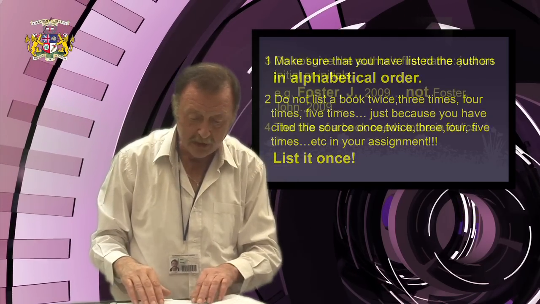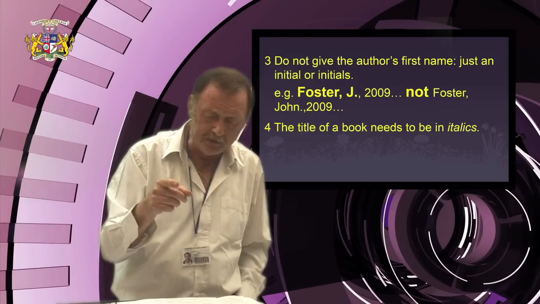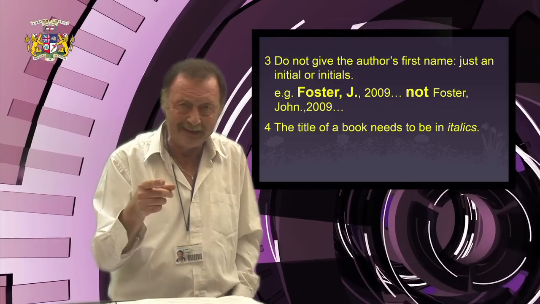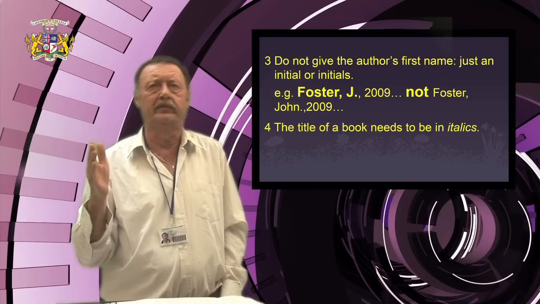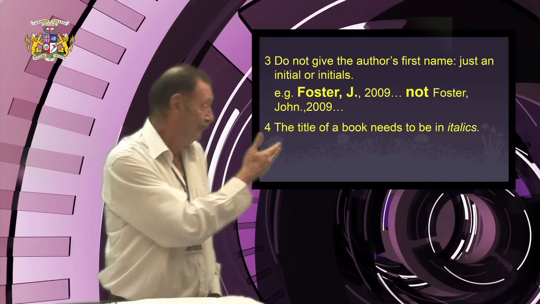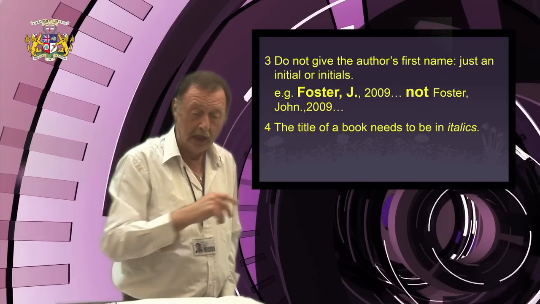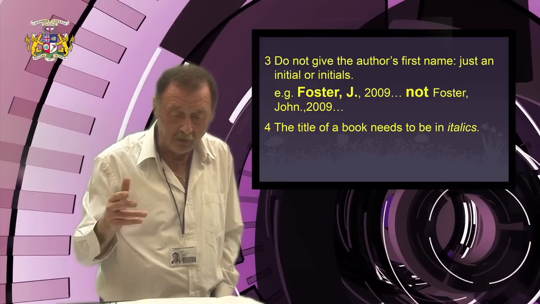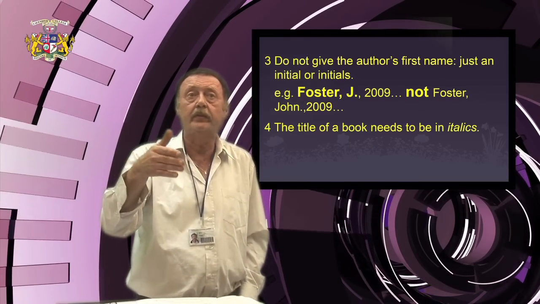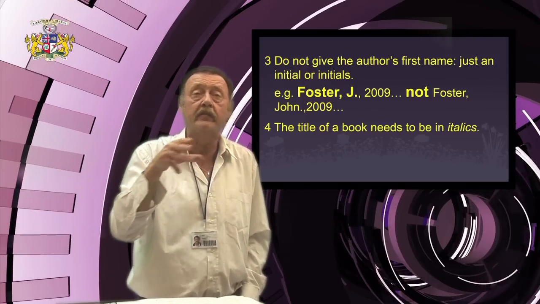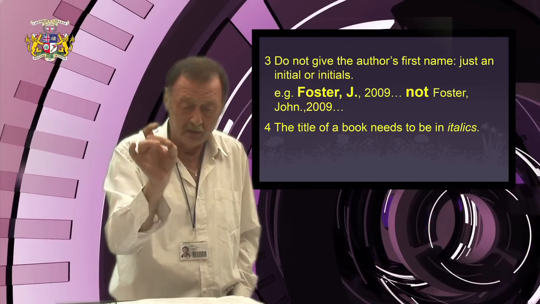Number three. Do not give the author's first name. Just give an initial or initials. Example, Foster J, 2009, not Foster John, 2009. It seems that we should, but no, that's not the convention. Only put the full surname, not the first name.